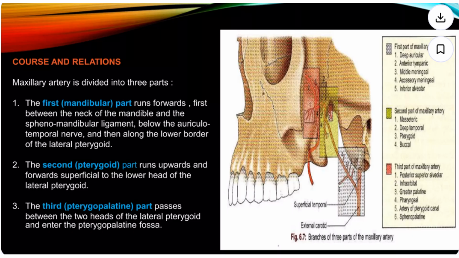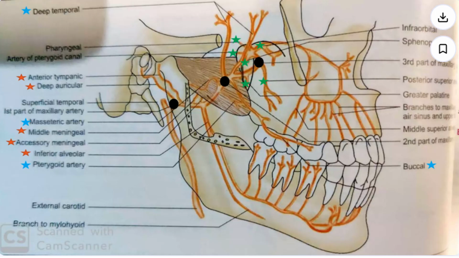One below the lateral pterygoid is the first part, and one superficial to the lateral pterygoid is the second part. One after the lateral pterygoid is the third part. So it runs between the two heads of the lateral pterygoid and enters the pterygopalatine fossa.